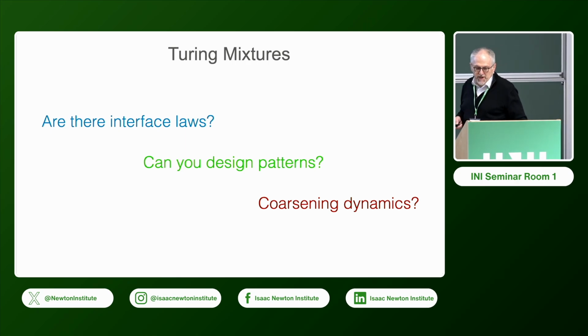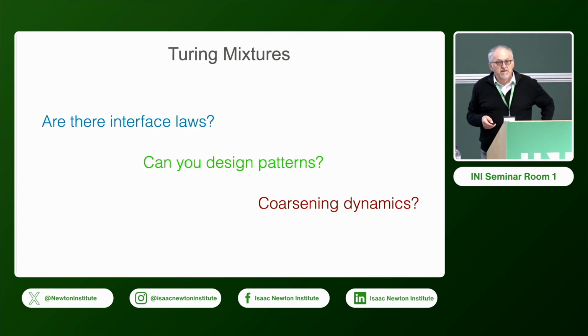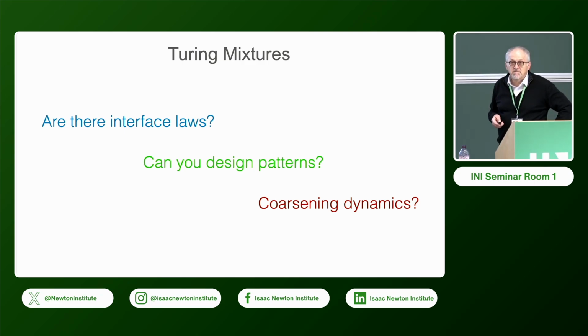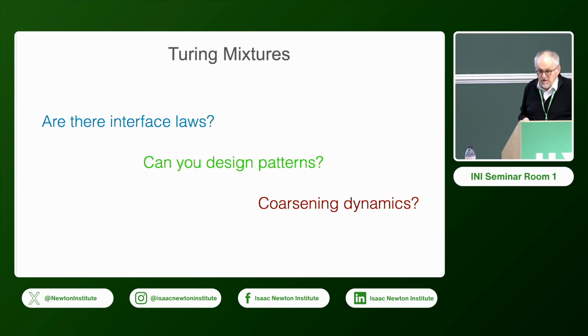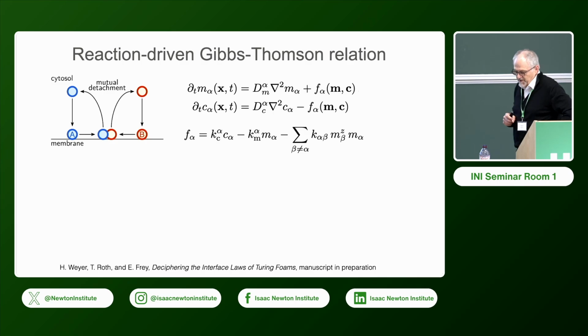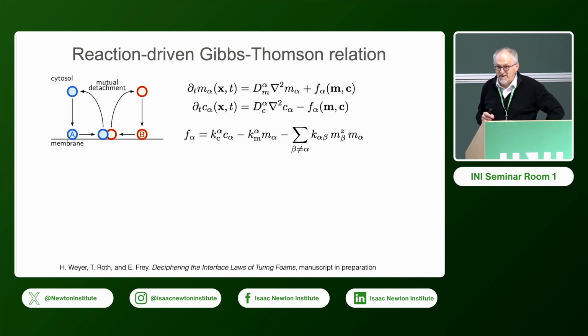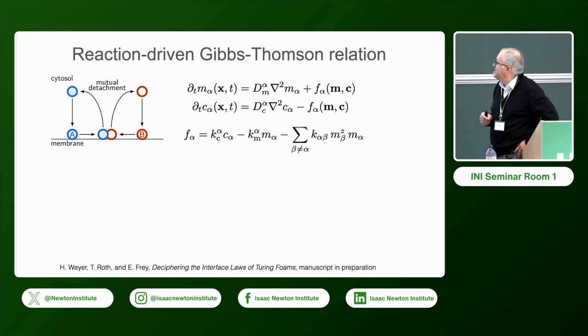So the question is, are there interface laws? Can you design these kinds of patterns? And what kind of coarsening dynamics do you have? Is this all similar to phase separation in thermodynamics, or is there some interesting difference? I wouldn't be here if I wouldn't tell you there's a difference, so let me explain to you the difference.